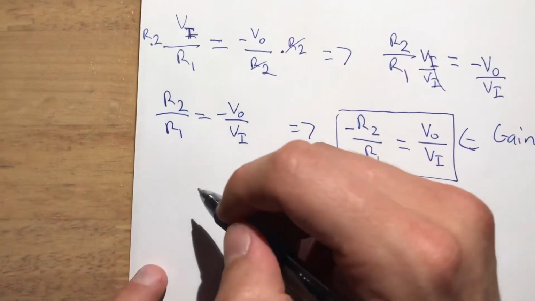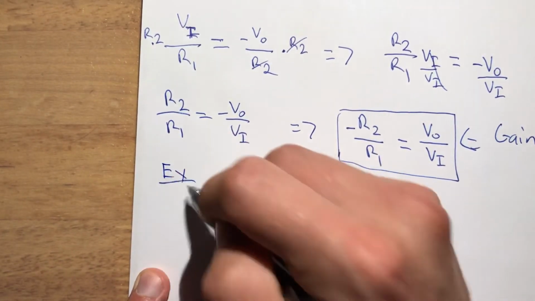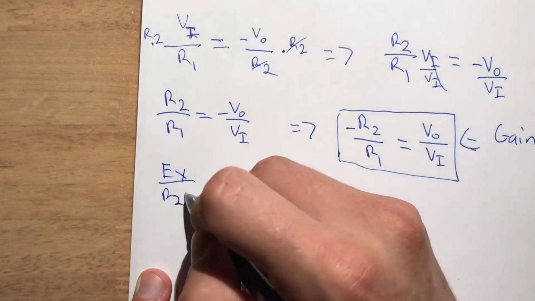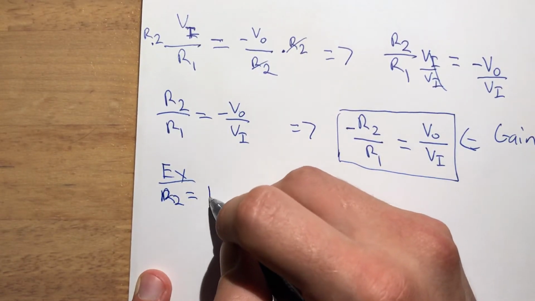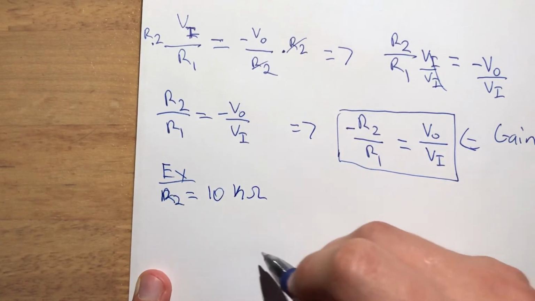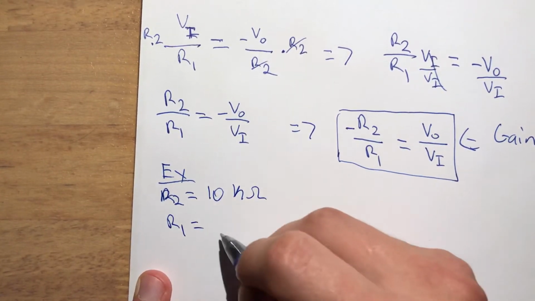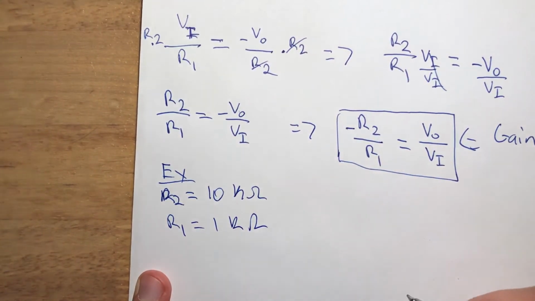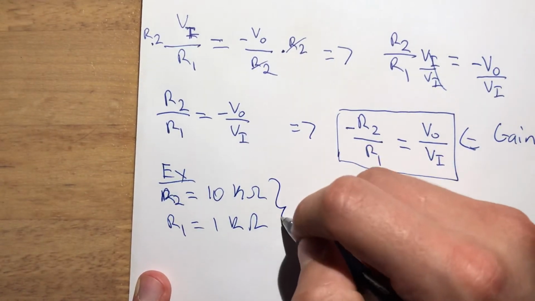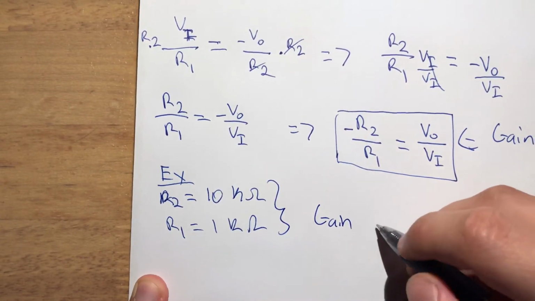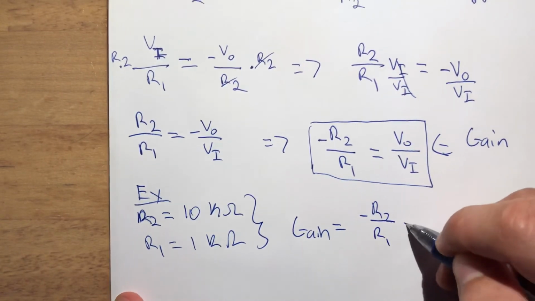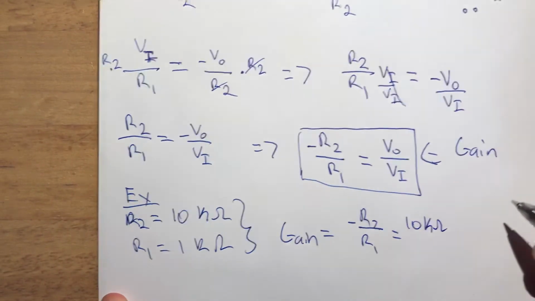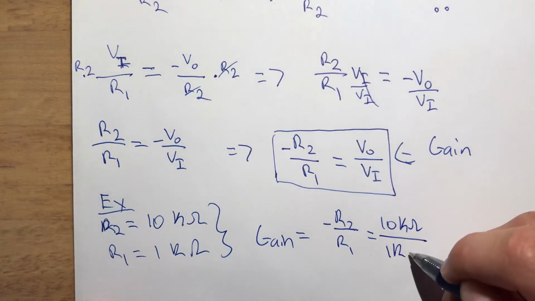As an example, if R2 is, let's say, 10 kilo ohms, and R1 is 1 kilo ohm, then the gain is going to be negative R2 over R1, which is 10 kilo ohms over 1 kilo ohm.